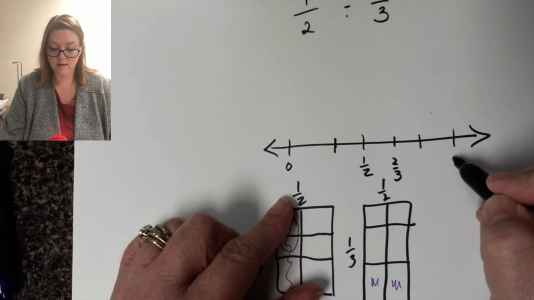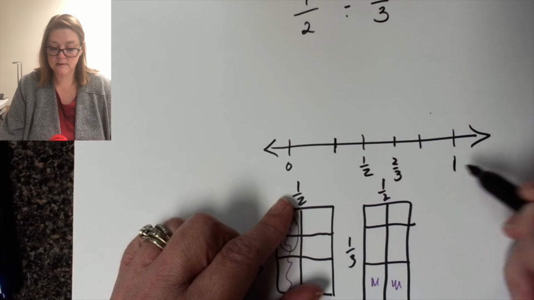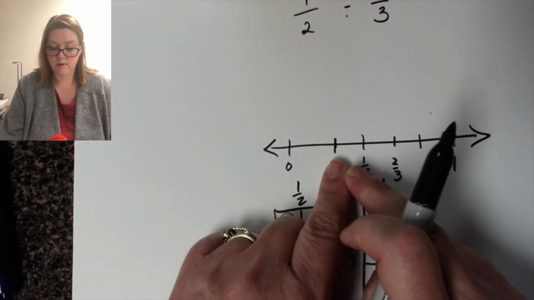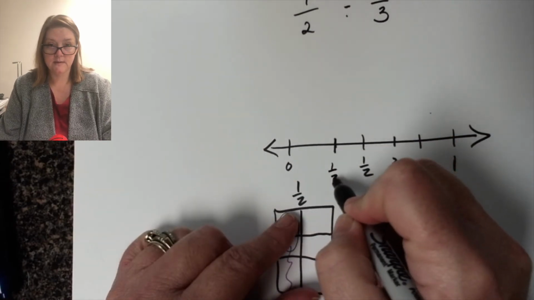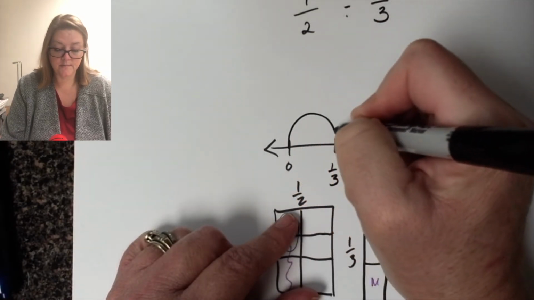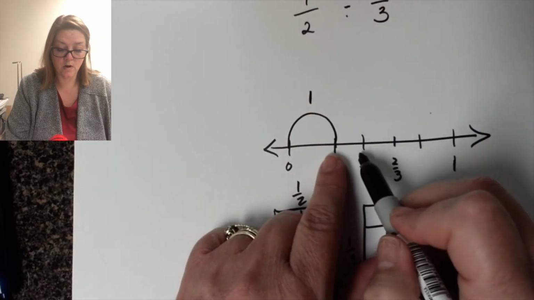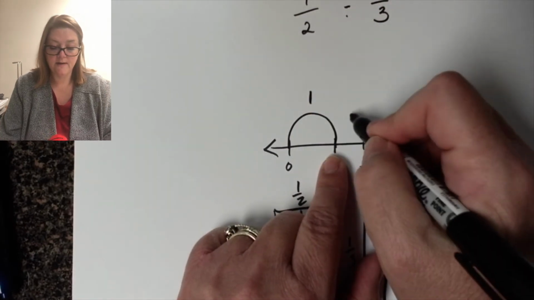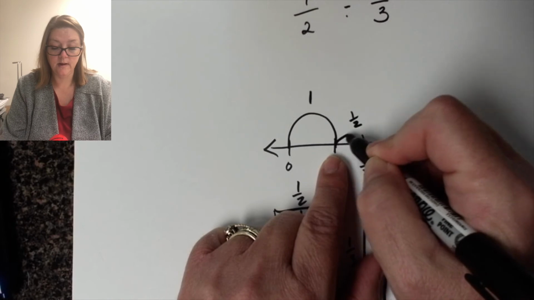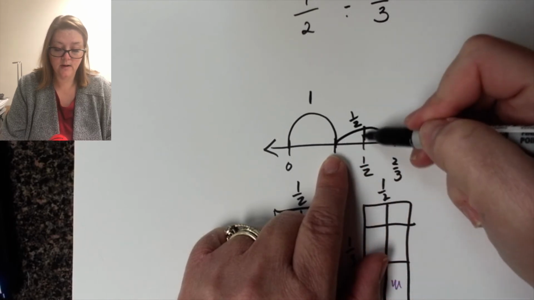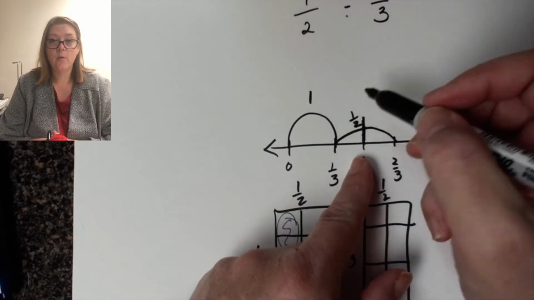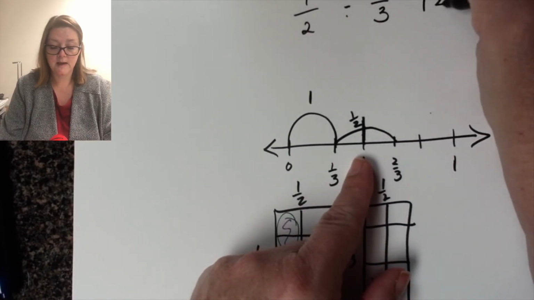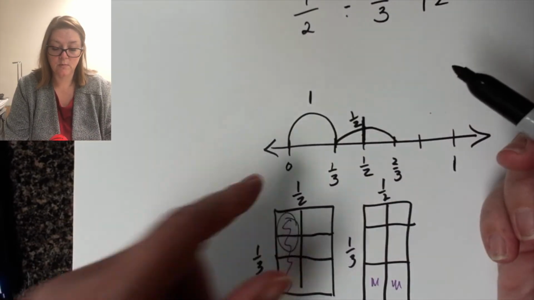And we know that 2/3, and we're going to say this is 1. I can look at that and see that I can fold that. This is 1/3. So I've got one whole 1/3, and I've got literally a half of another 1/3. I don't have a whole one. I'd have to fold it up. And I can see that I have a half, so this answer is 1 1/2.